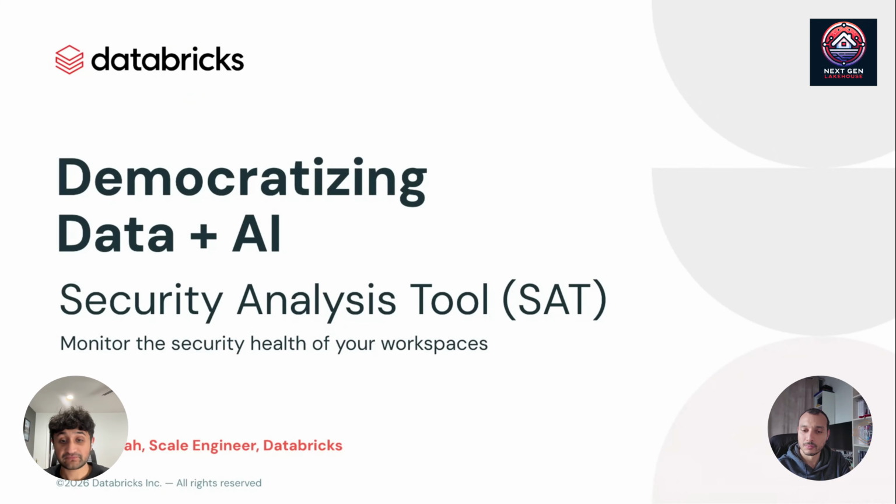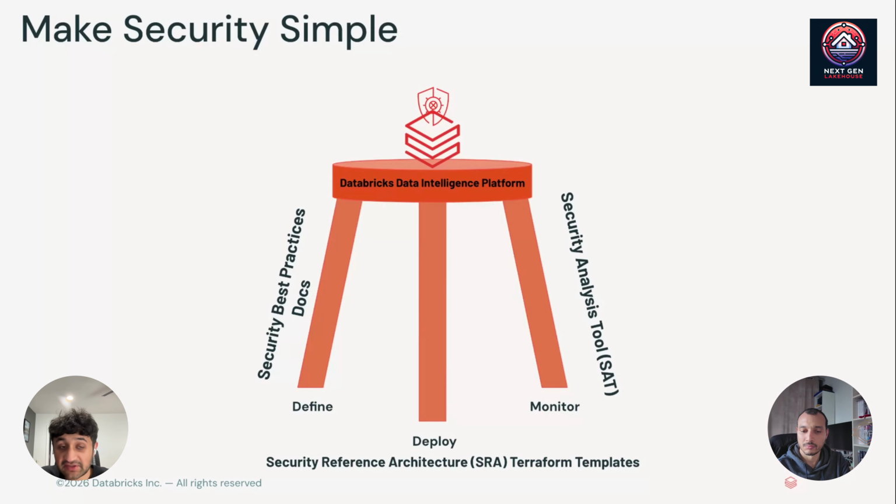That's amazing. Okay, so diving into Security Analysis Tool, it's an easy way to monitor the security health of your workspaces. At Databricks Security, we have three pillars: define, deploy, and monitor. When it comes to define, we have our security best practices documentation and white papers, which are publicly available on the Databricks Trust and Security website.